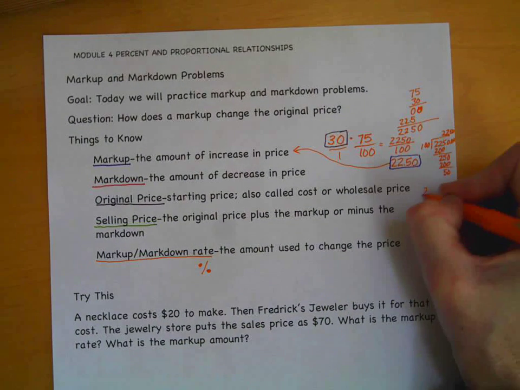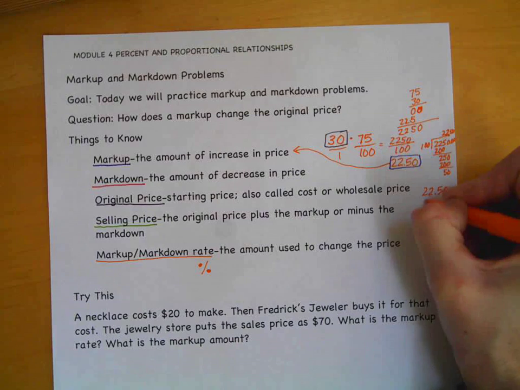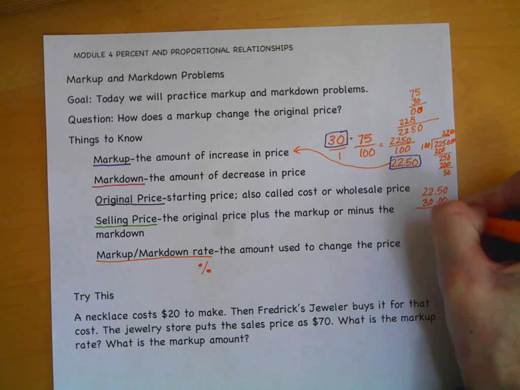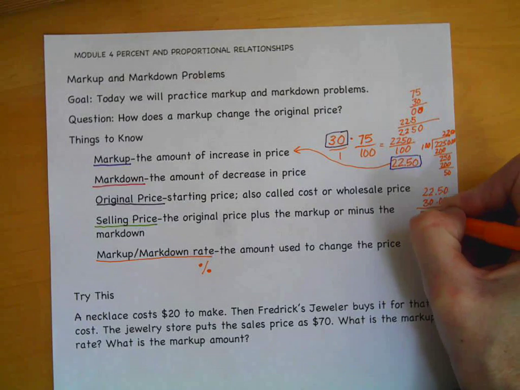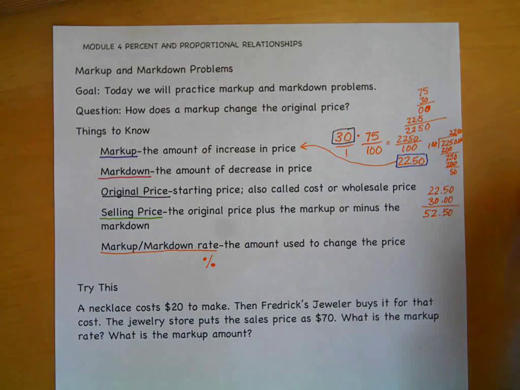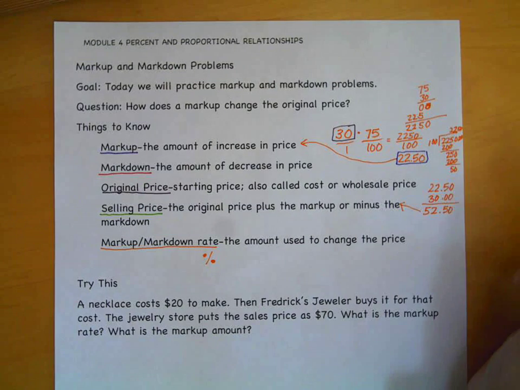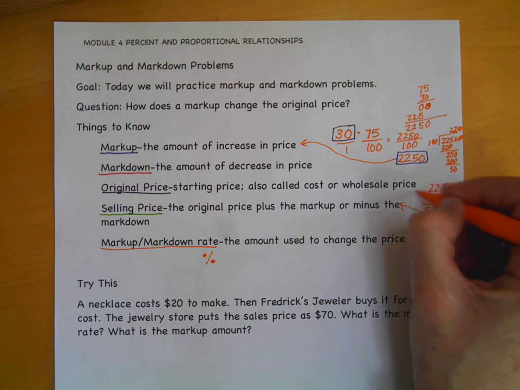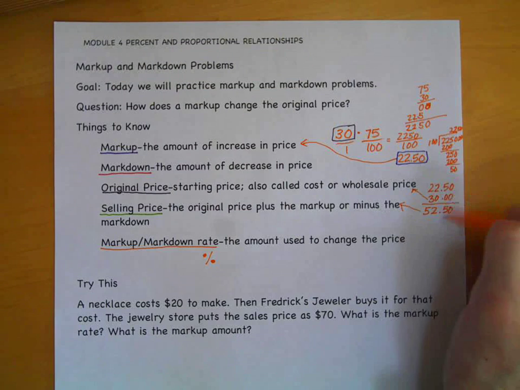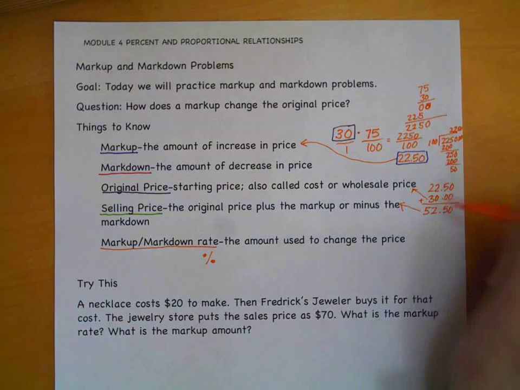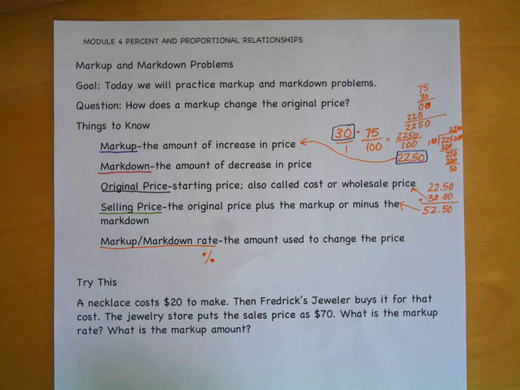So when they take $22.50 plus $30, they're going to sell them to you, the buyer, for $52.50. So that is the selling price. Okay, so $22.50 was the markup, $30 is the original price, and when you add them together, that is your new selling price.